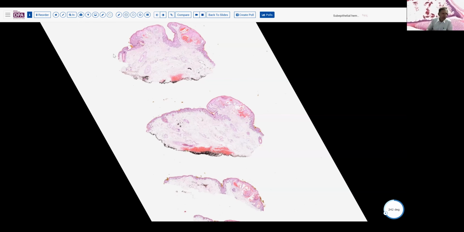So at low magnification, this was clearly a slightly papillary or slightly polypoid raised lesion. And looking at low magnification, this looks like skin. We can see adnexal structures here, some hair follicles. The other thing that stands out at low magnification perhaps are these areas of hemorrhage in this slightly raised area.